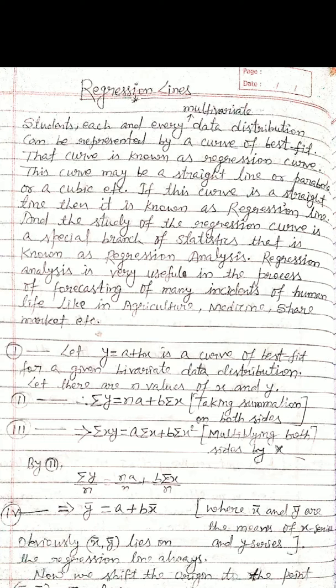If we finally get the regression lines, it may be a regression curve of any type: a straight line, a parabola, a cubic, a biquadratic, etc.